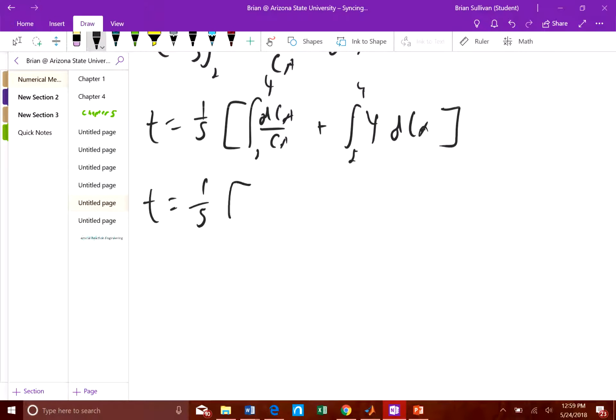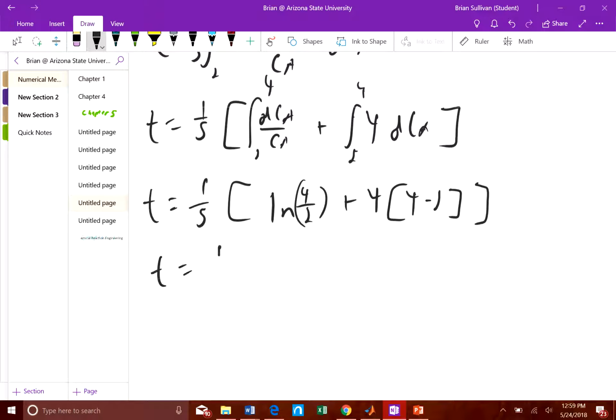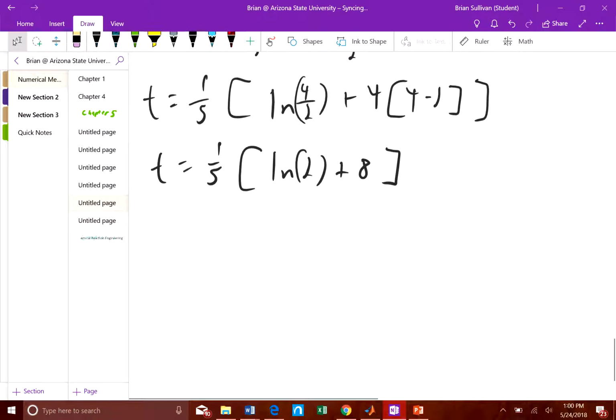That's good. Okay, so now we want to do the ln of C_A, which would be the ln of 4 over 2, right? Doing that first integral. The second integral is going to be 4 times (4 minus 2), right? And then we got this. So now time is going to equal 1/5 times (ln of 2 plus 8). Okay? 1/5 on the outside.